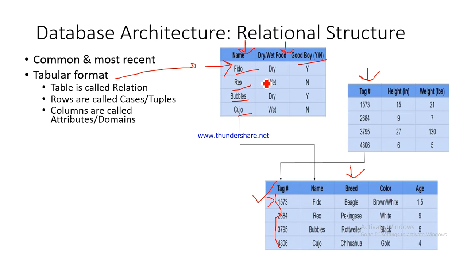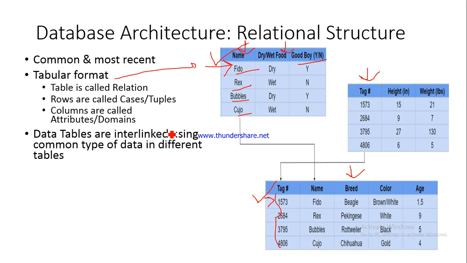So if you want to find out about Fido, for example, Fido's weight or height, you would not be able to find that out using this particular relation only. What you'll have to do is this: the database would be modeled in a manner that the data tables would be interlinked using some common type of data. So here all these tables have been interlinked.